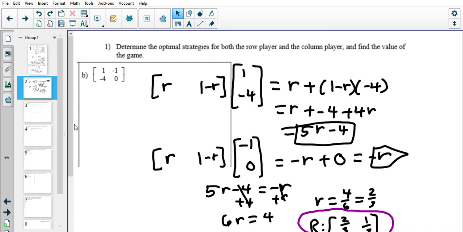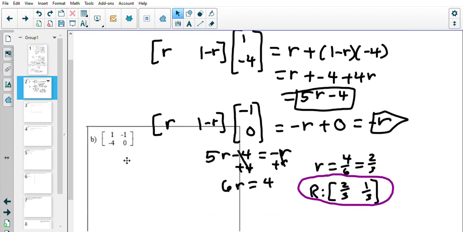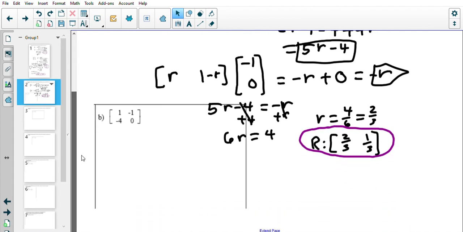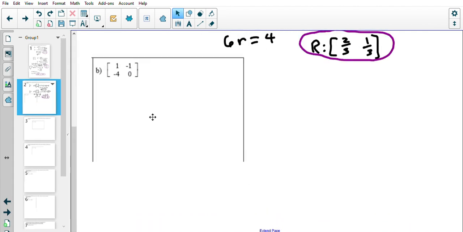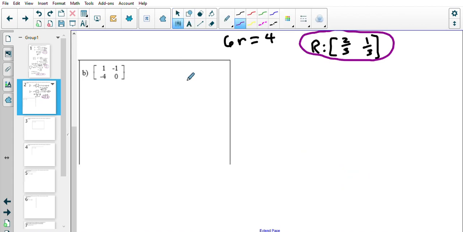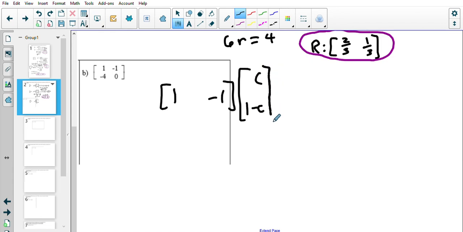Okay, now we will look at the column player for the same game. The column player is going to play against both rows, with an arbitrary strategy of C and 1 minus C, and find out what value for C makes that the best strategy.